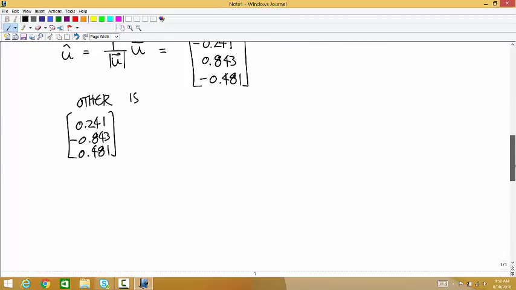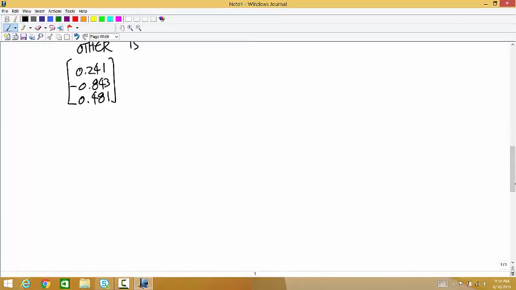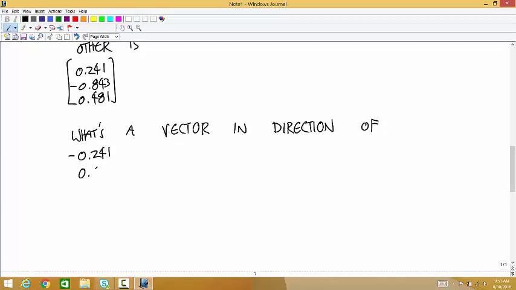So, what's a vector in the direction of negative 0.241, positive 0.843, negative 0.481, with the magnitude of R?